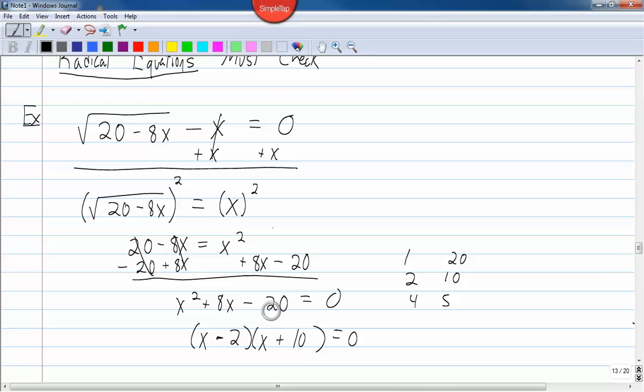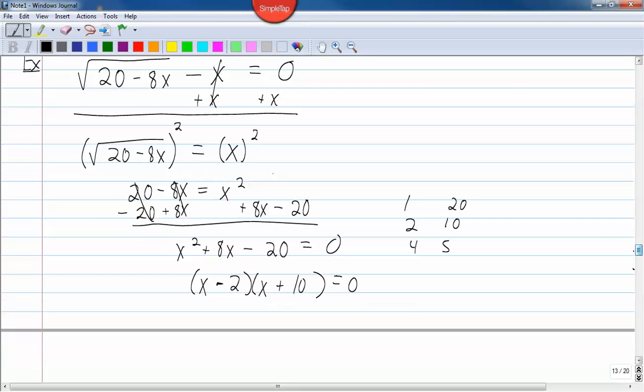Negative 2 times 10 is negative 20. And then if you check by multiplying the outer and inner, the outer terms give me a 10x, the inner terms give me a negative 2x. So 10 minus 2 is positive 8x.